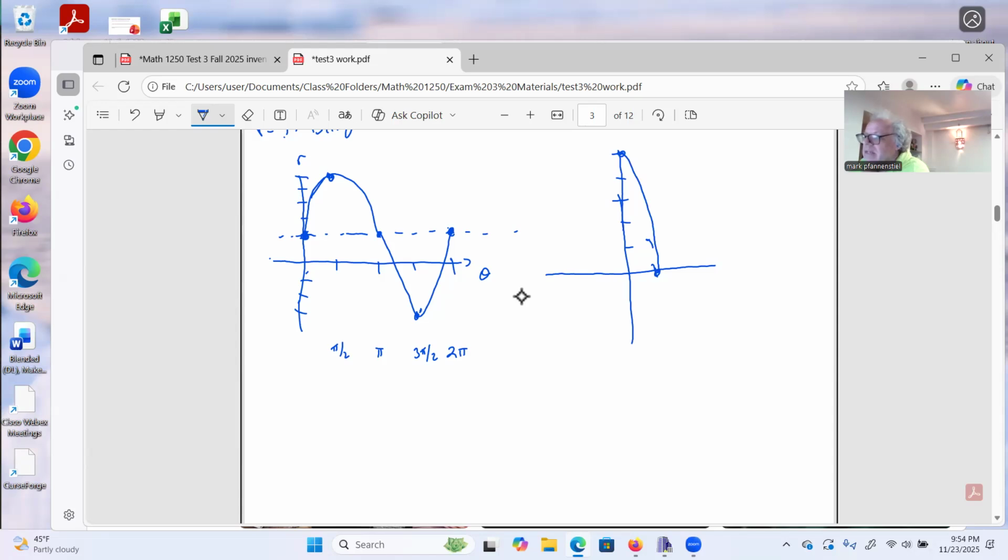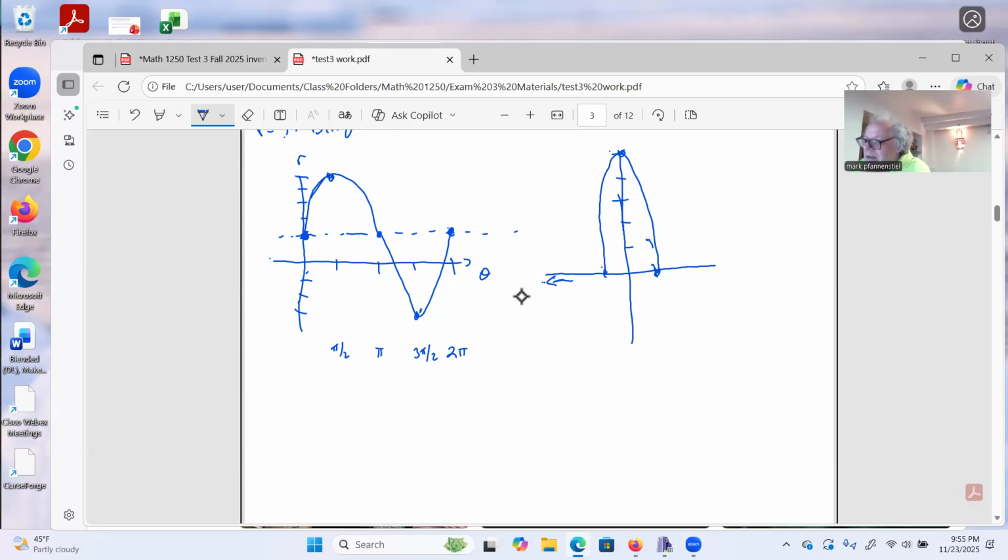All right. Now, keep going. We're going to go from pi over 2 to pi. We're looking over here, and then we are going back down to just the 1. So we're going to be 1 all the way up to here.